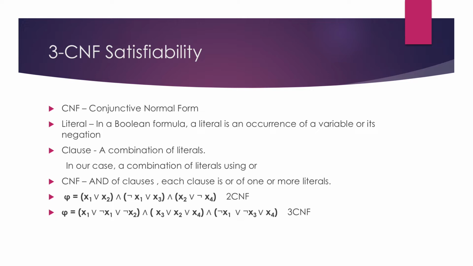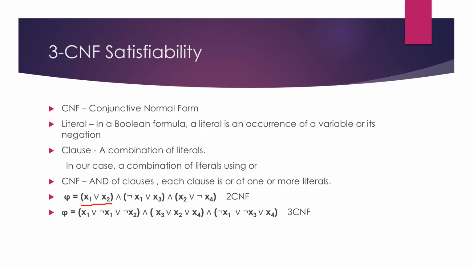So let us take an example of a particular formula such as (x1 or x2) and (not x1 or x2) and (x2 or not x4). So here (x1 or x2) is a clause, and x1 and x2 are two literals.